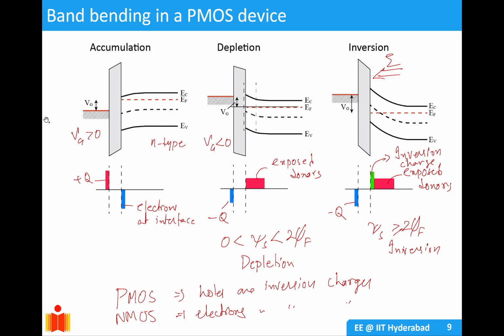So till now we were studying NMOS devices where your semiconductor is p-type. Now for a PMOS device where the semiconductor is n-type, for accumulation you have to give a positive value at the metal. Your band will move downwards, the Fermi level becomes closer to the conduction band, hence accumulation of electrons.